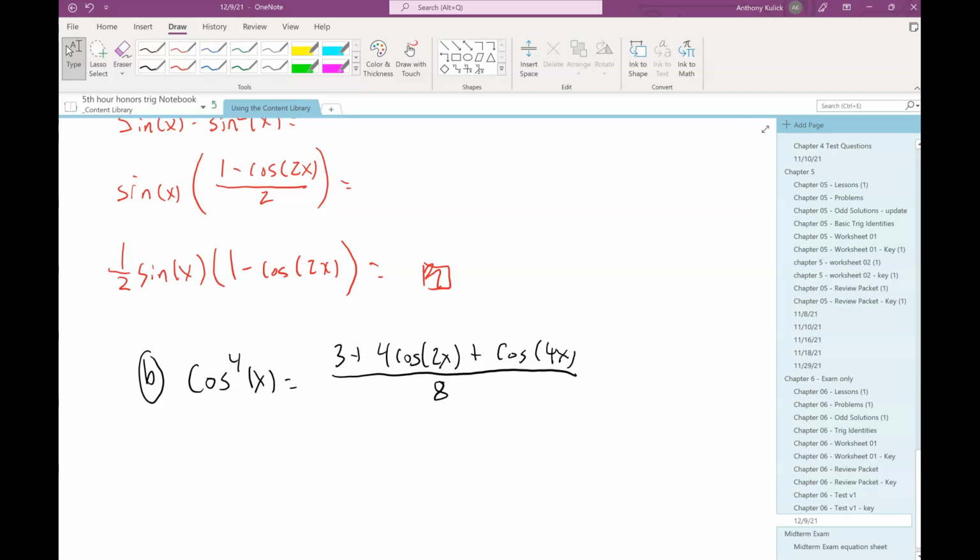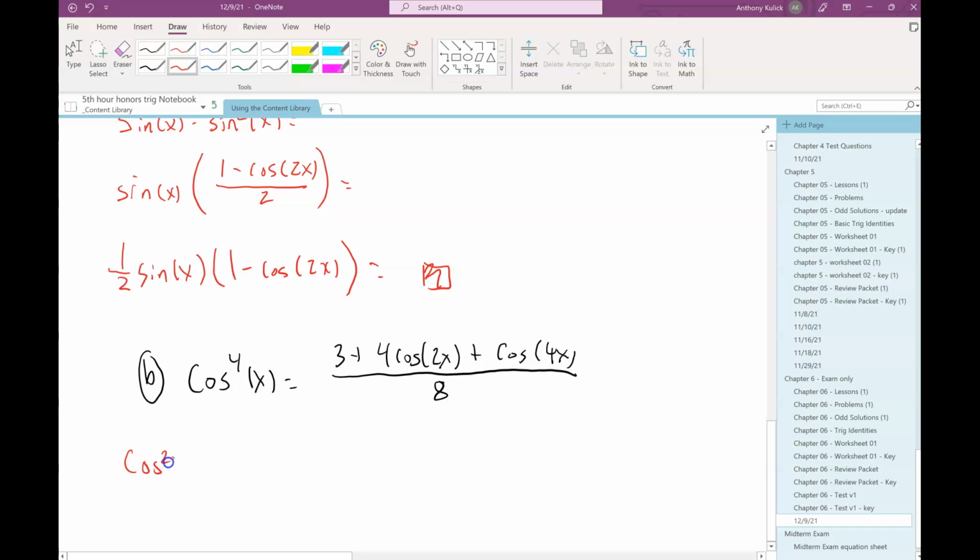So right away I notice that on the left-hand side I have just x's, on the right-hand side I have 2x's and 4x's, and so I'm pretty sure I'm going to be using the power reducing identity at least twice, right? That's how I'm going to go from 2x to 4x.